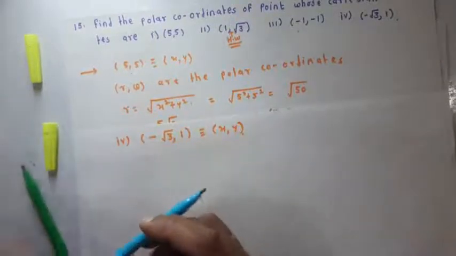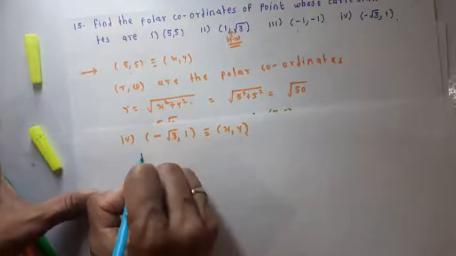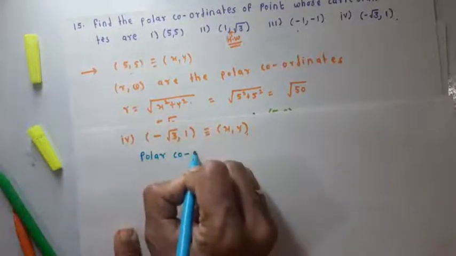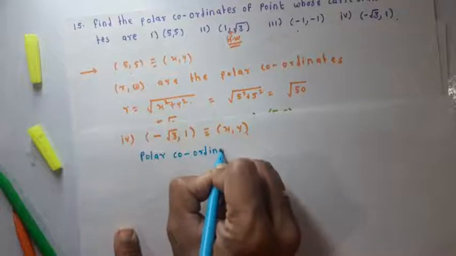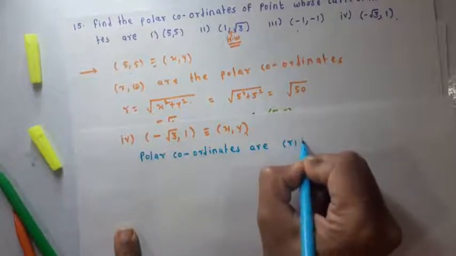So x equal to minus root 3 and y equal to 1. So the polar coordinates are r, theta.